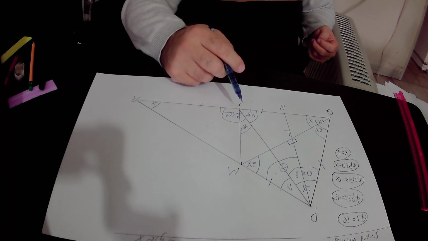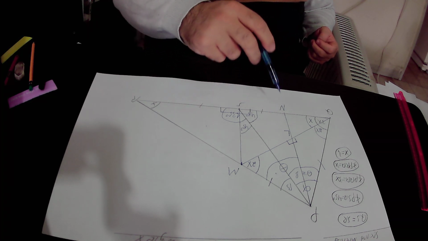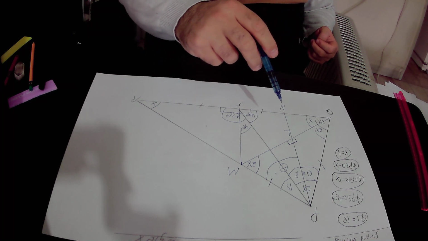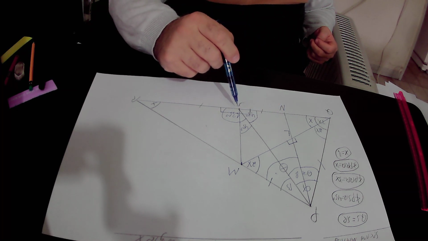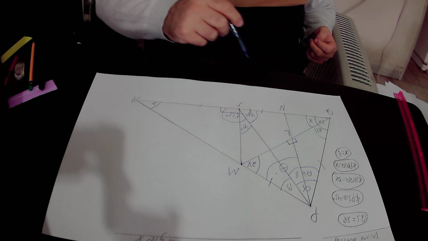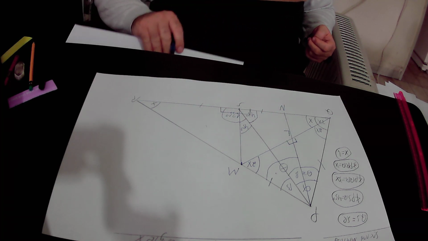So in the next step we will prove that triangle NPS is congruent to triangle PSM, this triangle, PMS. I'll repeat again.